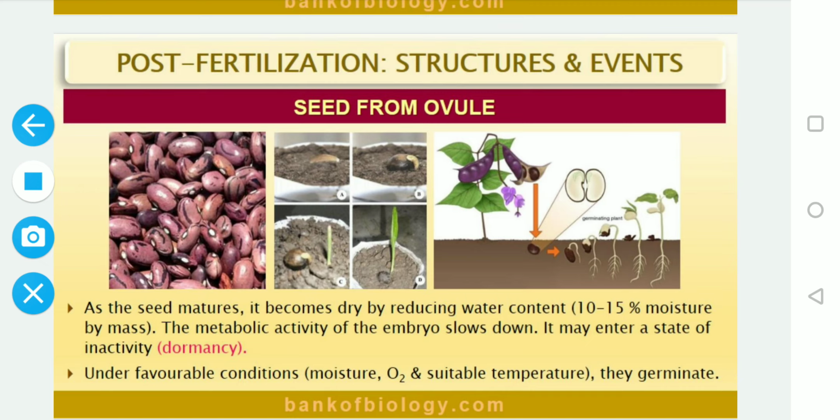As the seed matures, it becomes dry by reducing water content, to about 10 to 15% moisture by mass. So what will happen? Temporarily the metabolic activities of the embryo slow down. It may enter a stage of inactivity, or we can say a state of inactivity called dormancy.